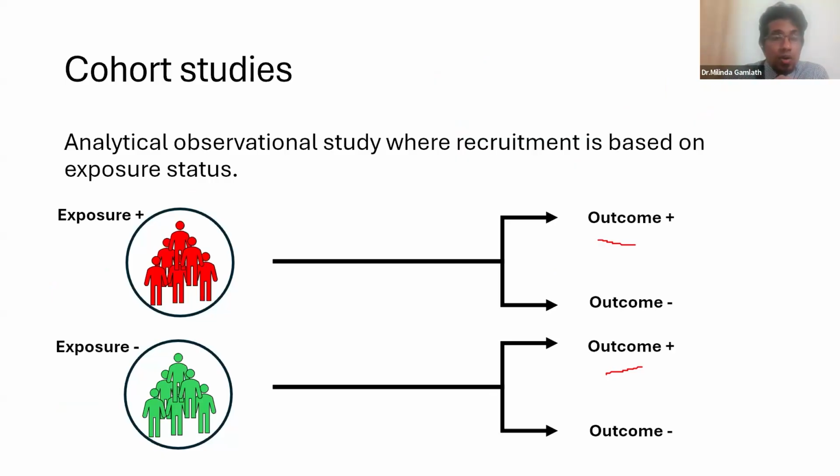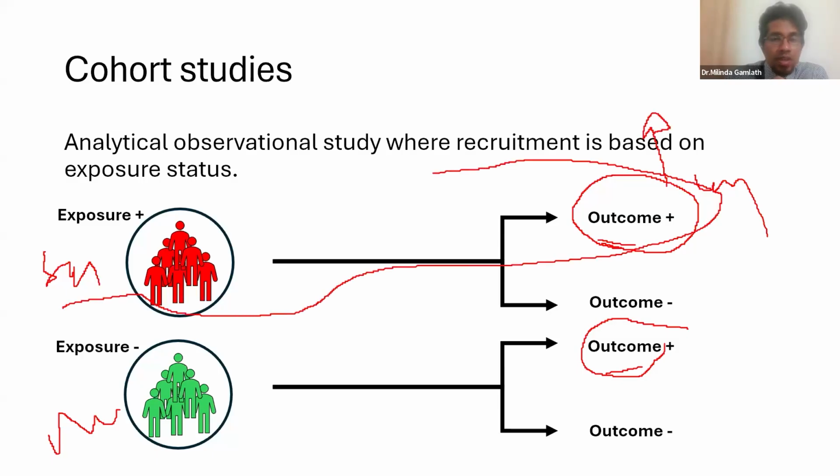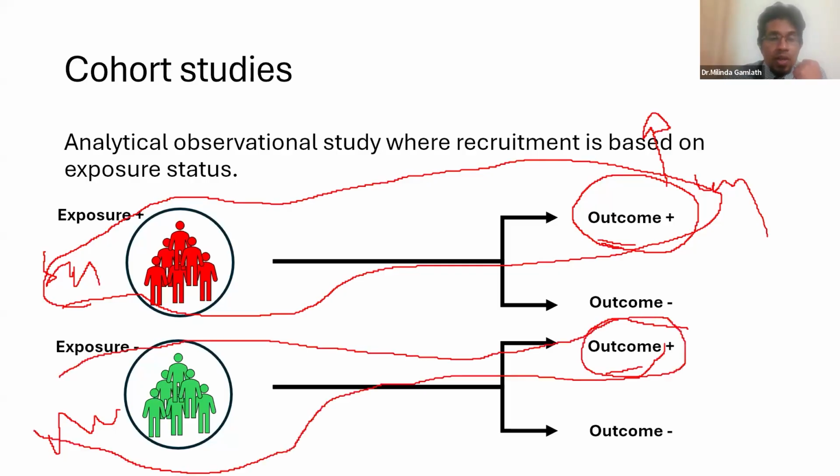So basically, you follow the smokers and non-smokers up, and you see how many of them get the outcome of lung cancer. If the lung cancer incidence, or the cases of lung cancer, were more in the exposed group compared to the non-exposed group, then you can tell that smoking contributes to lung cancer, or smoking is a risk factor for lung cancer, right?